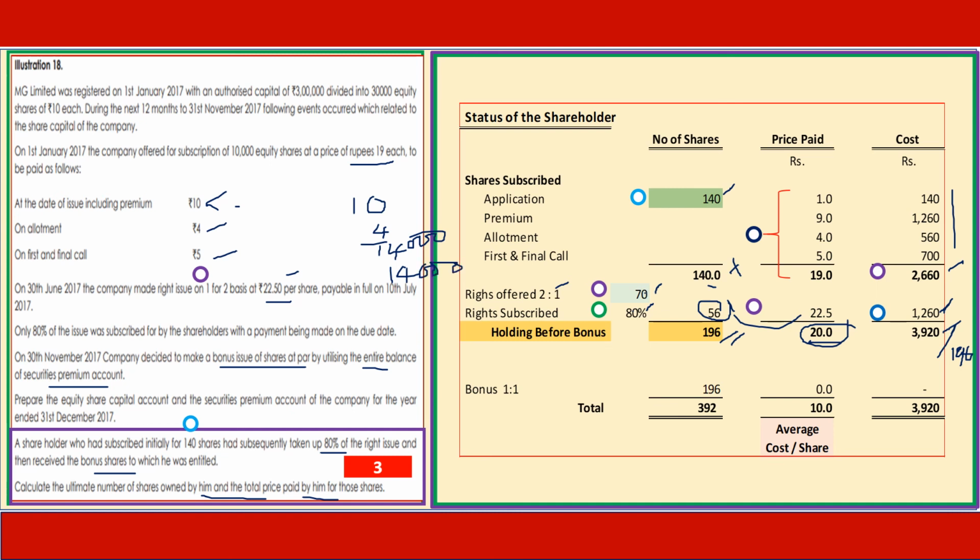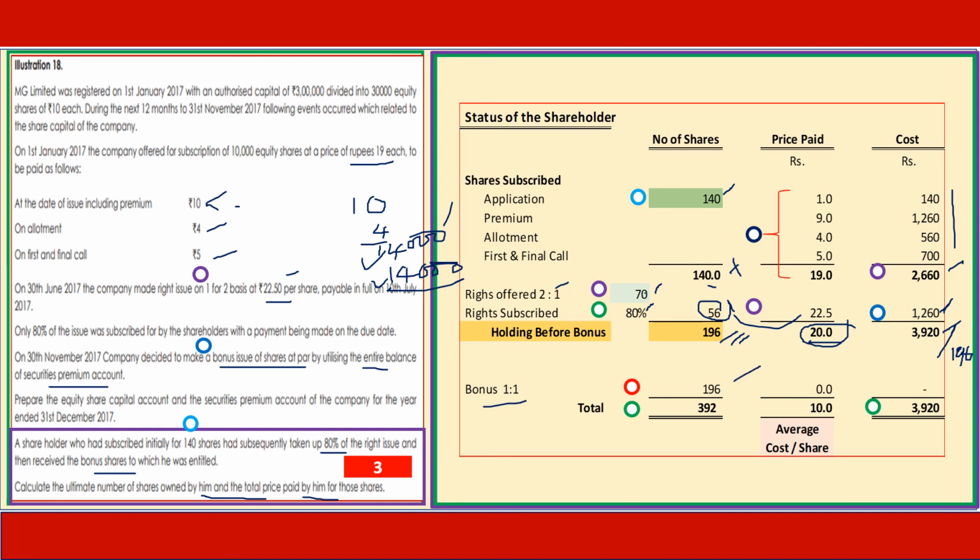Totally at the end they had 28,000. Means if your pre-bonus is 14,000, you received 14,000. In our case, pre-bonus is 196. Therefore, bonus in the ratio of 1:1 means he received another 196. Totally, he has received 392 shares.